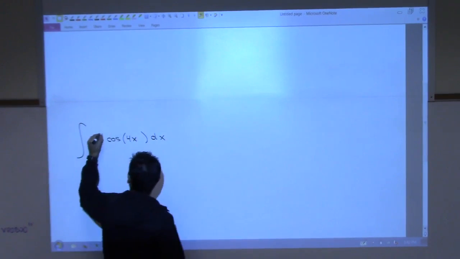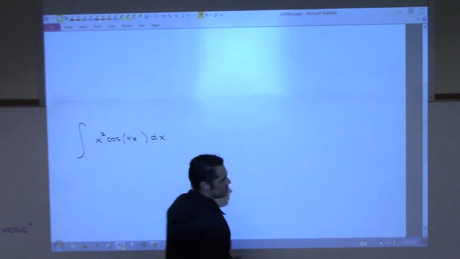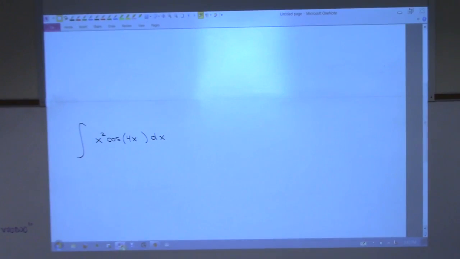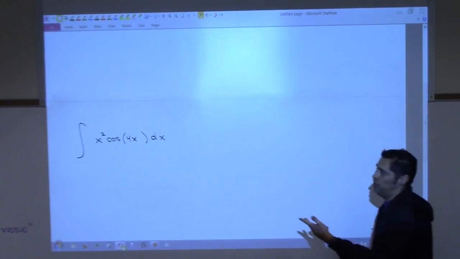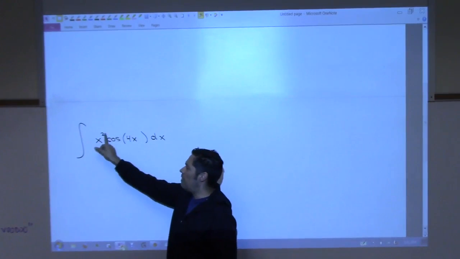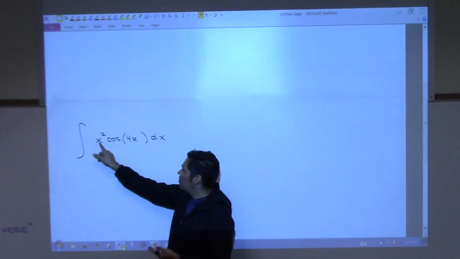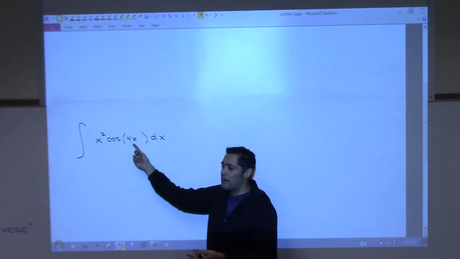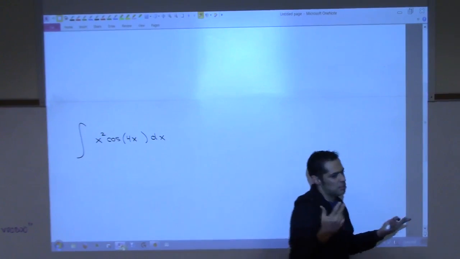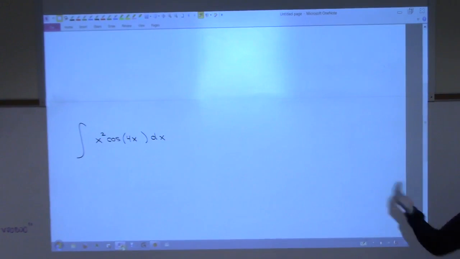So what if I do this instead? I put the squared on that x. Now if you try to use basic substitution, you say, okay, u is this, right? The derivative of that is what? 2x. You've got a 4x. You're off by a constant, except what? It's trapped in cosine. So you can't ever pull it out. So basic u-sub fails.